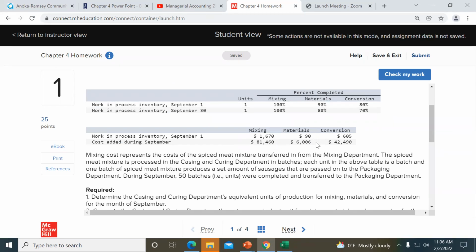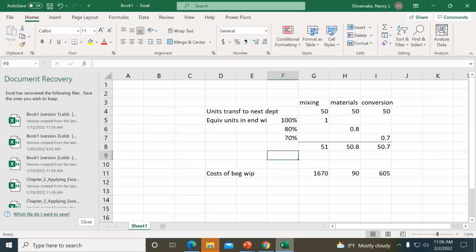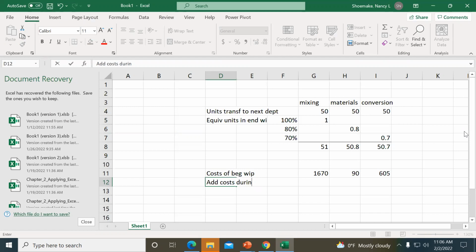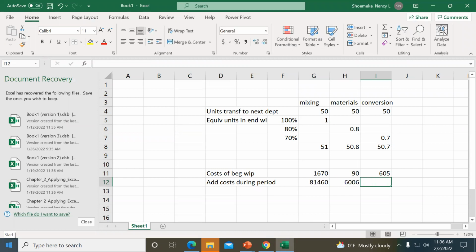Here's the cost added during the period, 81,460, 6,006, and 42,490. So then we'll come up with a total cost, okay? So let me add cost during the period. Add costs during period. It's going to be the 81,460, 6,006, and 42,490.